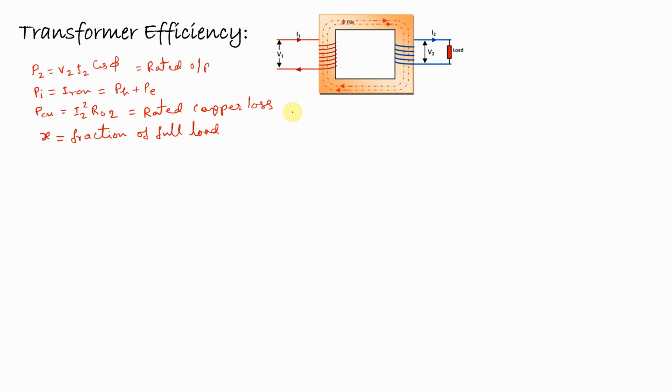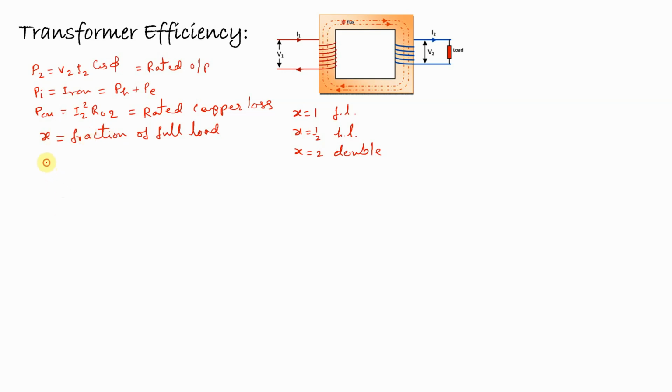So X equal to 1 means it is full load. For X equal to 1 by 2 it is half load, half of the full load. If we write X equal to 2, it is double the full load, and so on. So X may be anything. It is the fraction of the full load.